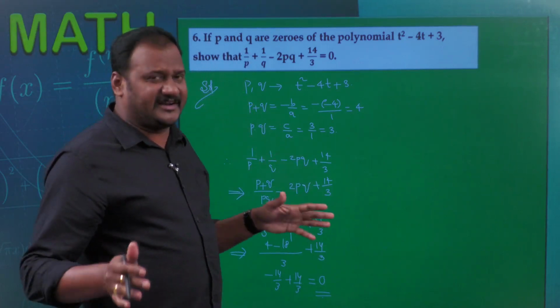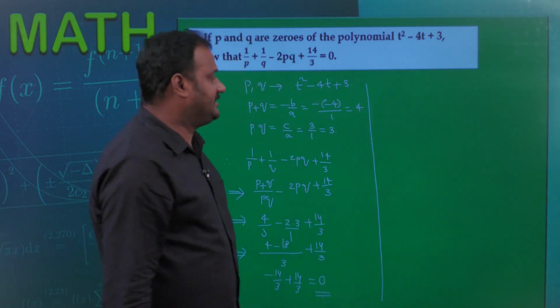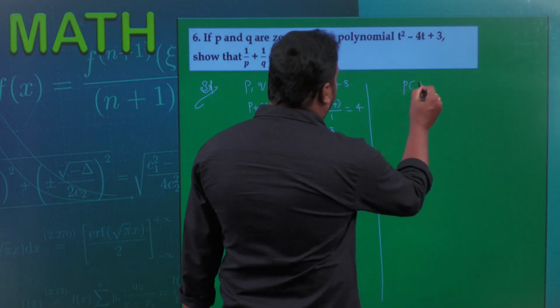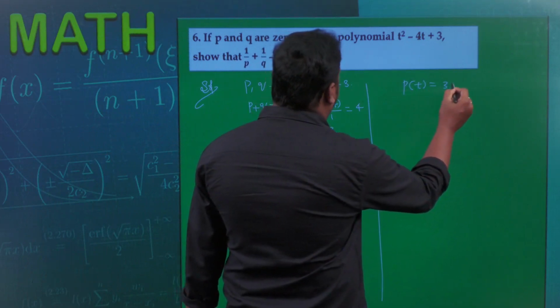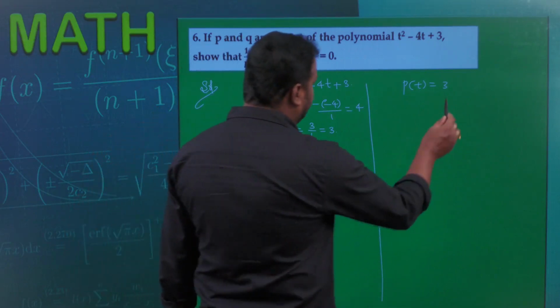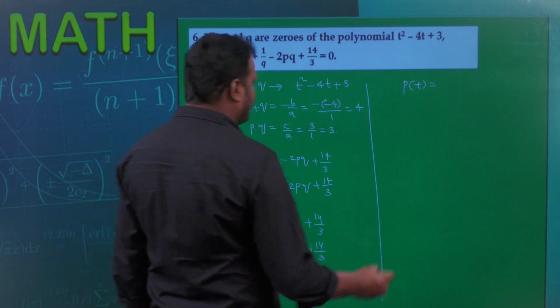That is the way of answering the problem. This is the systematic way to answer the problem. But if you observe this, the problem can be done in another way also. What is that another way? The given polynomial p of t is t square minus 4t plus 3. Right?